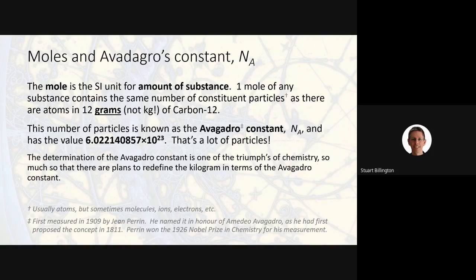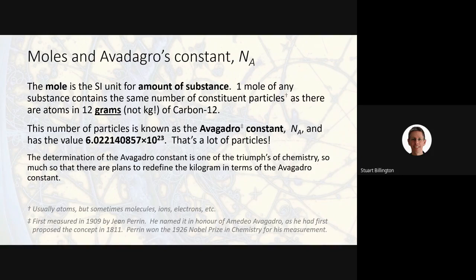Okay, so what is a mole? A mole is one of the 7 or 8 base units, and this is the unit for amount of stuff, but we could hardly write that on the definition of an SI unit, so we use the word substance instead. So the mole is the SI unit for amount of substance. So it's up there along with the meter and the kilogram and the second and the amp.